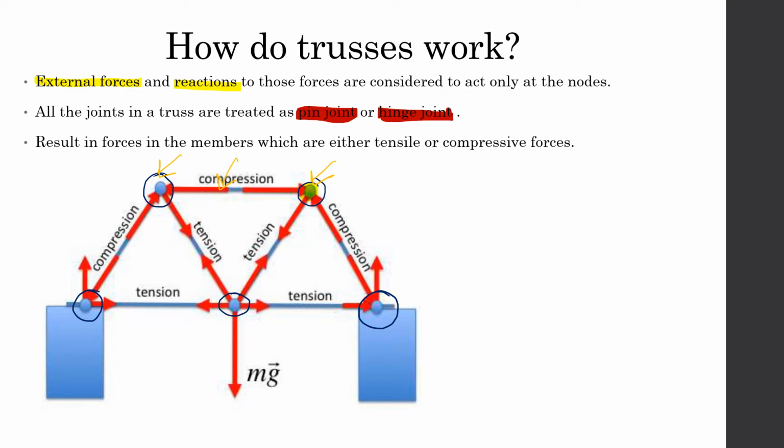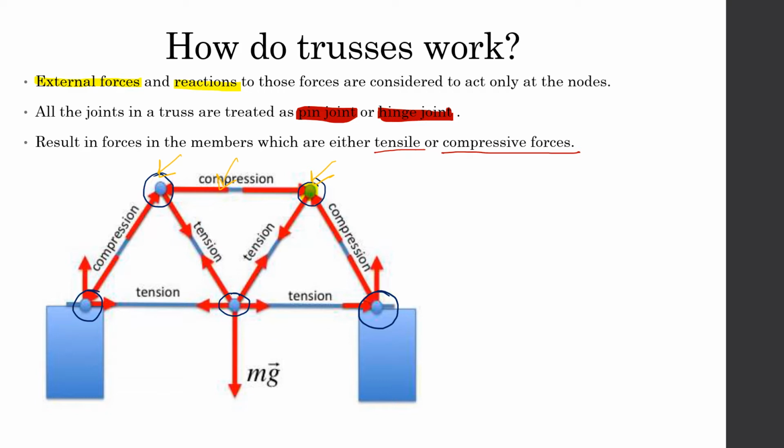So hinge and pin joints result in forces in the members which are either tensile or compressive forces. So there are two kinds of forces which are acting in a truss: the first one is tensile, and the second one is compressive.